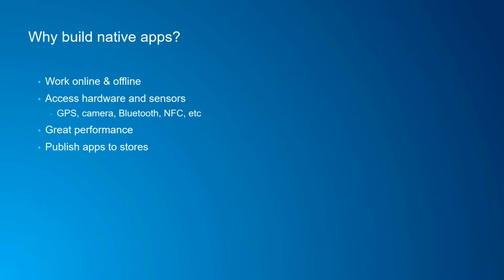One of these things is that applications and their workflows in a native environment are pretty free to transition seamlessly from connected to disconnected environments. So your workflows can work online and offline or transition from one to the other pretty easily. Another really compelling reason for building native applications is your apps have direct native access to the services and sensors provided by that device.